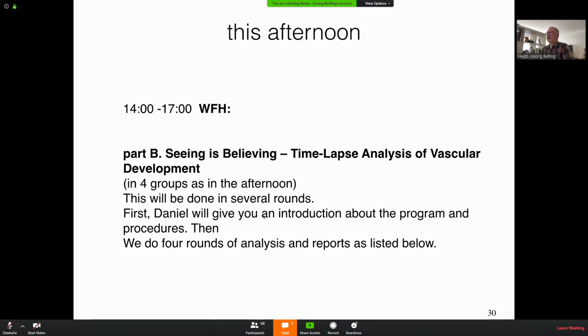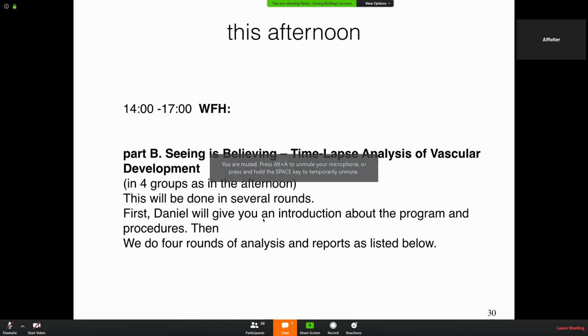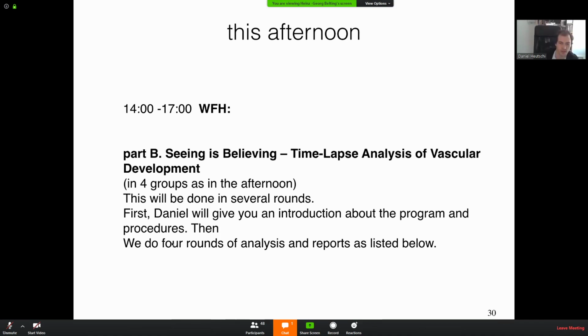No, first we go back. Daniel, you will give an introduction, right? Or should we go into our groups later on? I think we can go directly to the groups and then tell them there the steps we will go through. So we meet in the groups and then discuss the procedures. What about the introduction? We do the introduction in the groups, everybody in their own group, like this morning, basically.